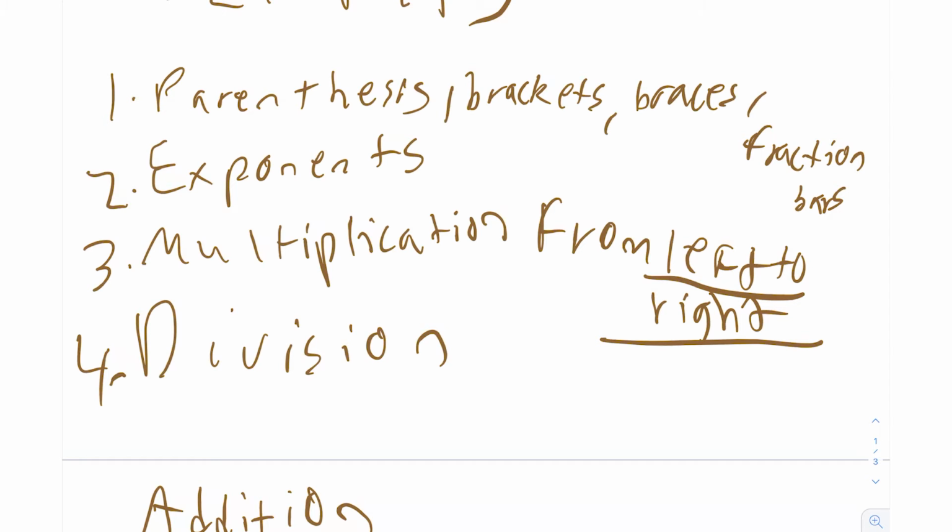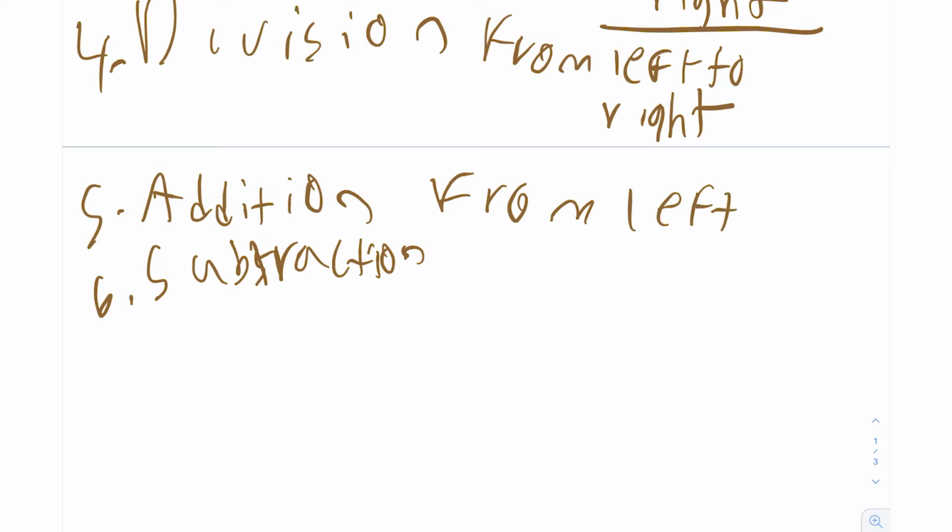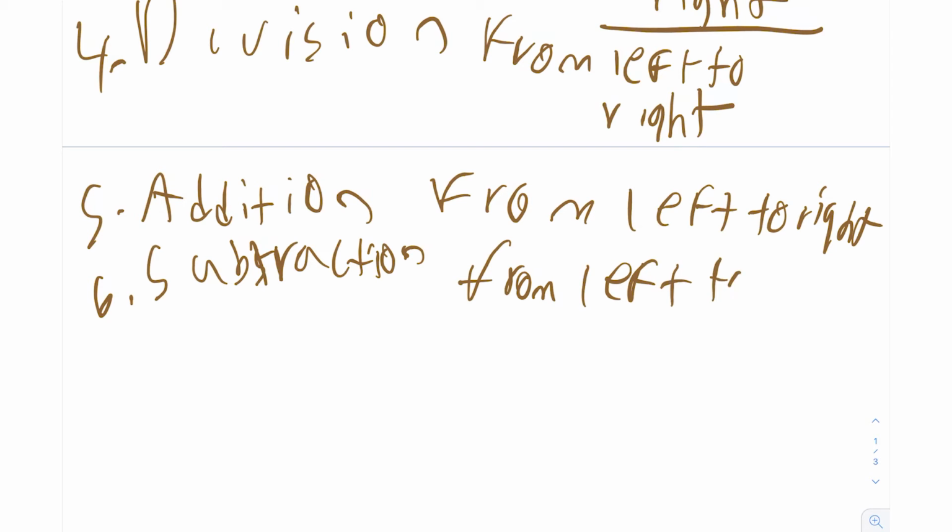You have to go from left to right. In addition and subtraction, you must do addition first and then subtraction. So it's the same thing as multiplication and division. You also go from left to right in addition and subtraction.